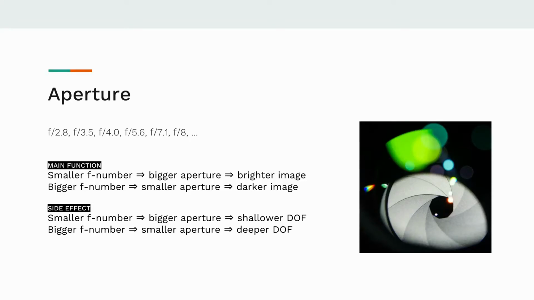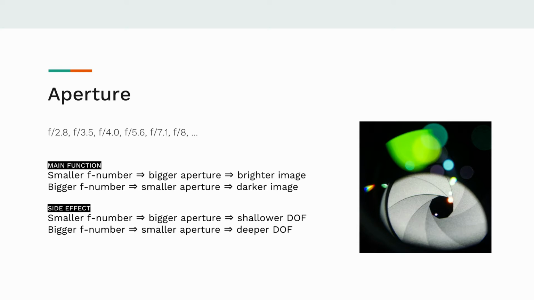So the main function of aperture is essentially the hole in the lens, right? So we know that D is inversely proportional to K, which means that the bigger the aperture, or the longer the aperture diameter, the smaller K is, and K is your f number.